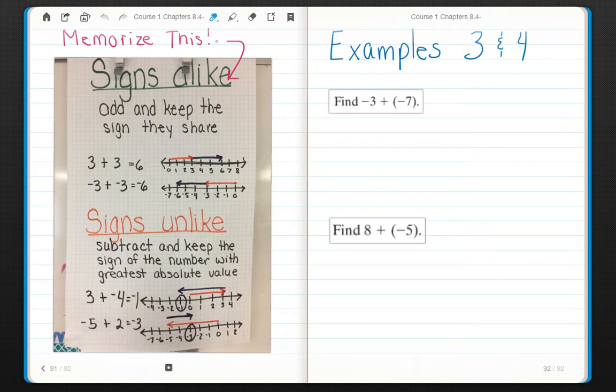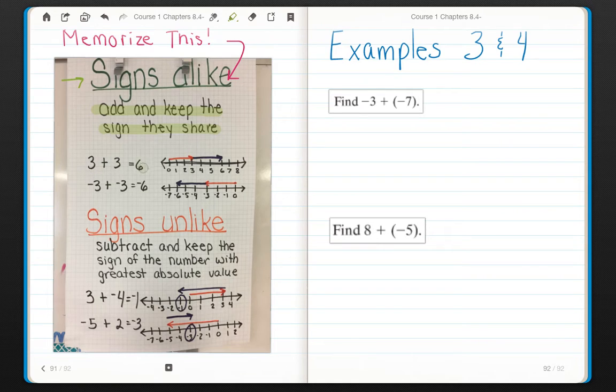If your signs are alike, they are either both positive, as in 3 plus 3, or both negative, as in -3 plus -3, you're going to add and keep the sign they share. So -3 plus -3 equals -6. 3 plus 3 is 6.